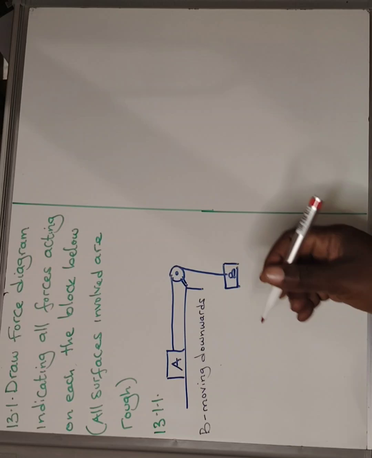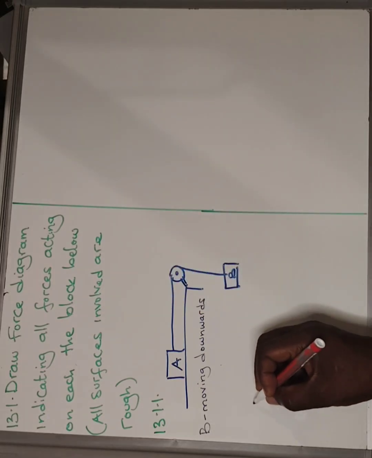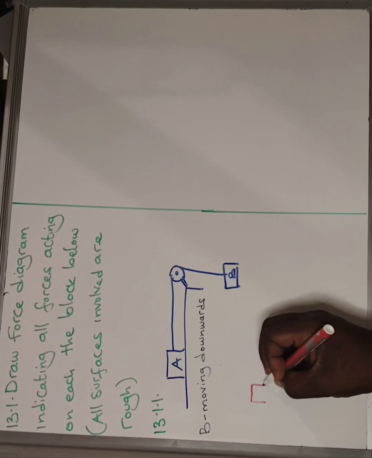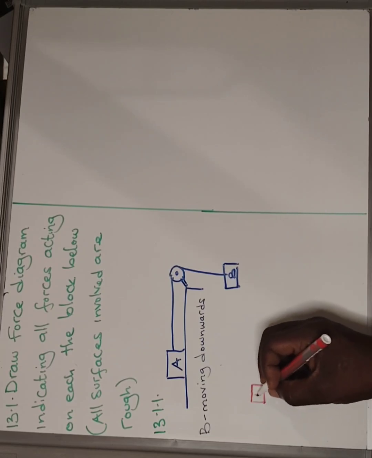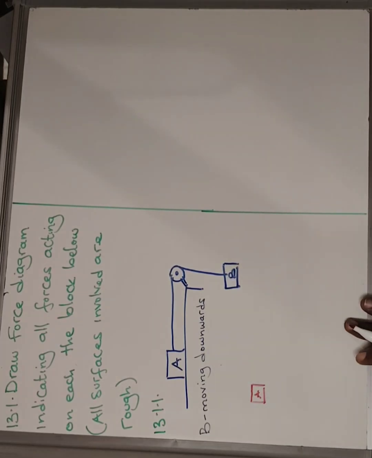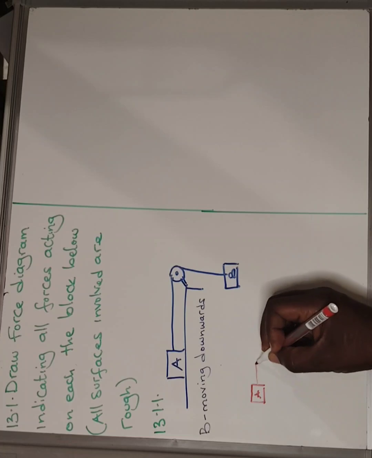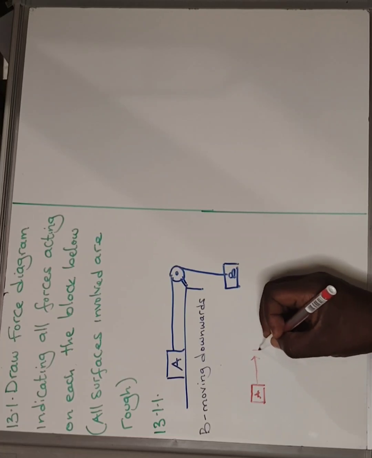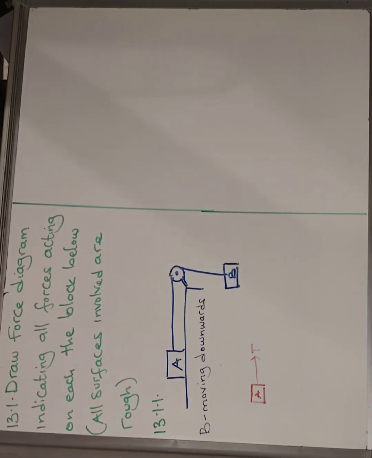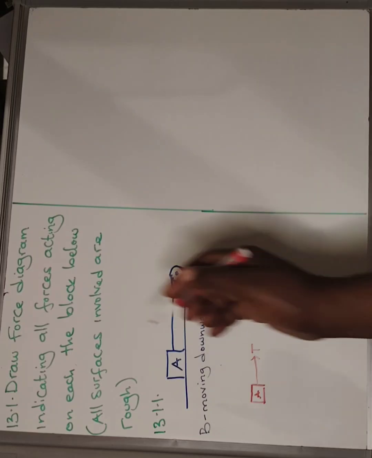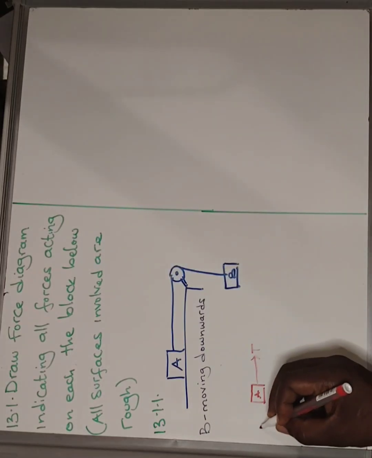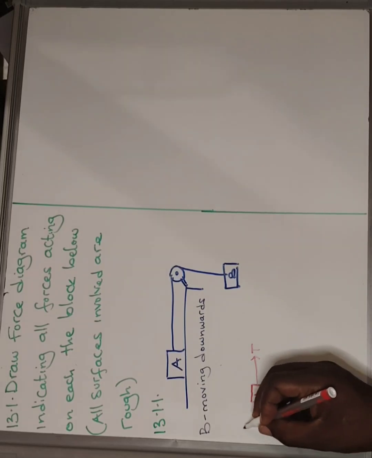So let us look at the force diagram of A. Remember, it is a force diagram. If this is the object of interest, which is our A, what are the forces acting on A? One, you have the tension due to this string here. Two, we said the surface is rough, so you have Fk.